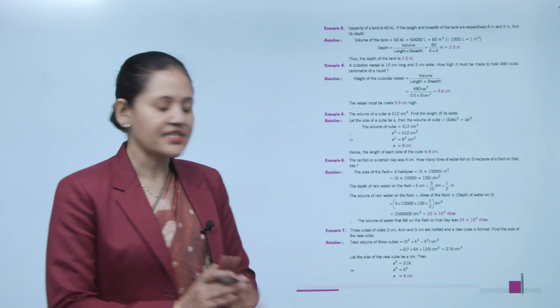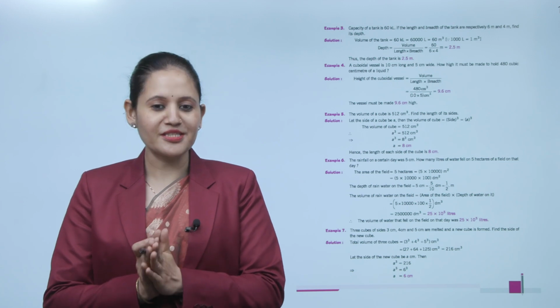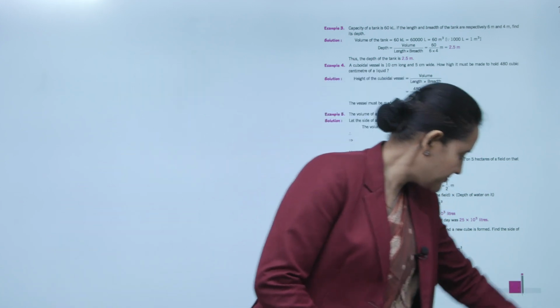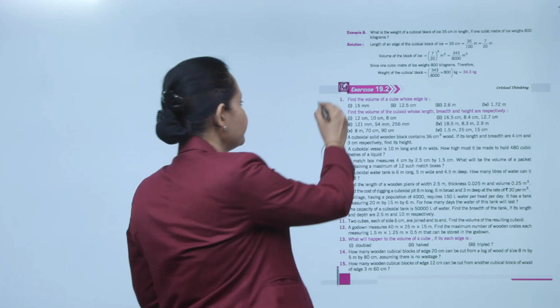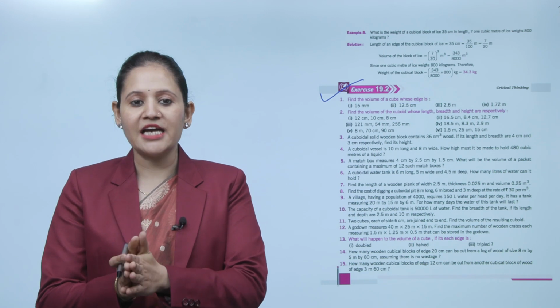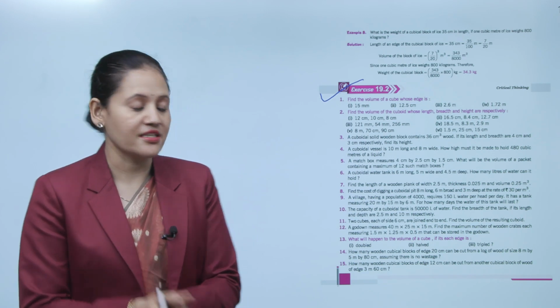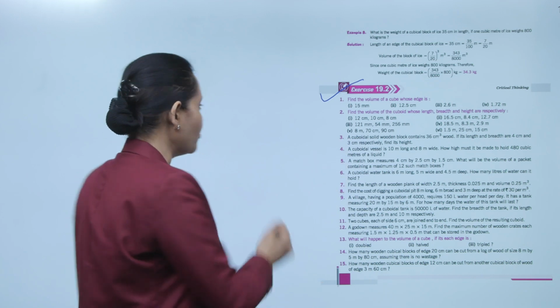Some more examples are given here. You have to practice them. It will help you to understand the concept better. Next is exercise 19.2. Find the volume of the cube whose edge is 15 millimeter. So we have to find the volume of cube.